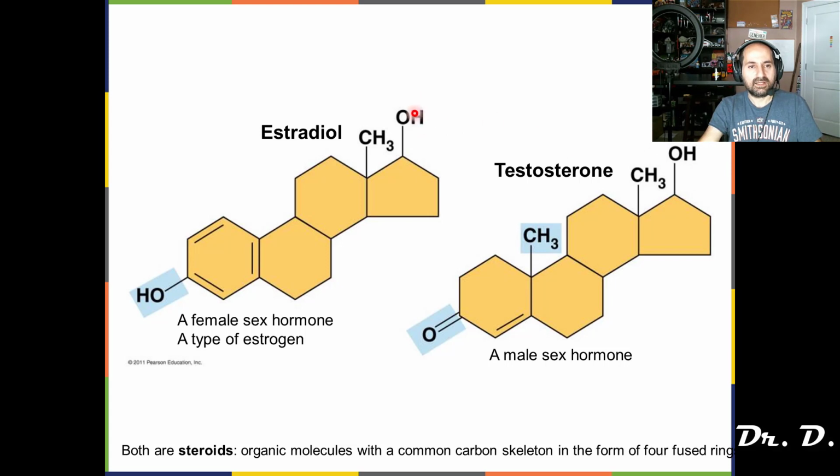So estrogen has 2 hydroxyl groups. Testosterone has 1. Okay? And by the way, some people get confused. They say this is OH, but look at this one. This is HO. They say, well, how is that a hydroxyl group? Why isn't it written OH? Very simple explanation. It's because they don't want you to get confused, so they confuse you.